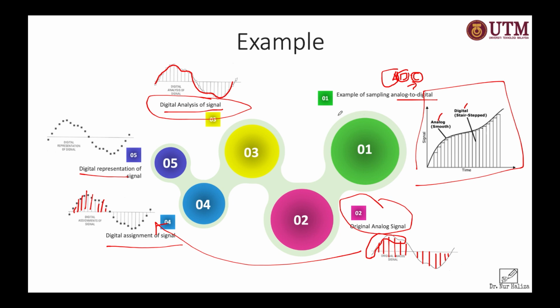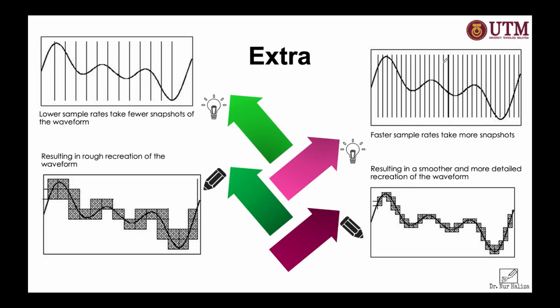So this is just an example of sampling, just for your information on how sampling happens, because in the next slide you're also going to learn about the analog-to-digital converter and the digital-to-analog converter. Next, there is also another example. There are two types of sampling.